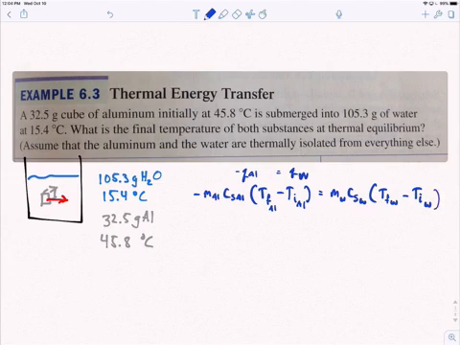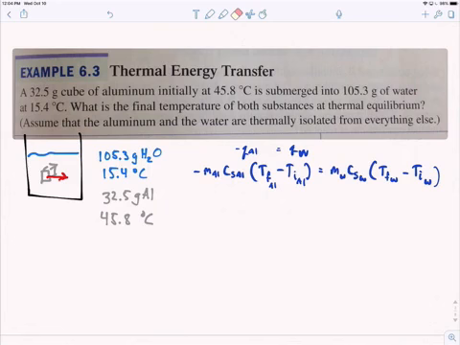One thing to note is that the final temperature is the same for both. I'll keep the subscripts for now and drop them in the future ones.